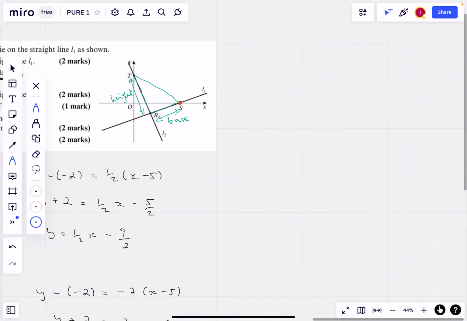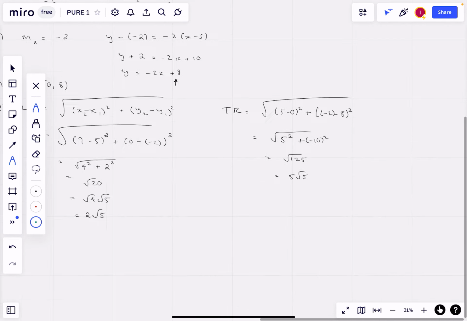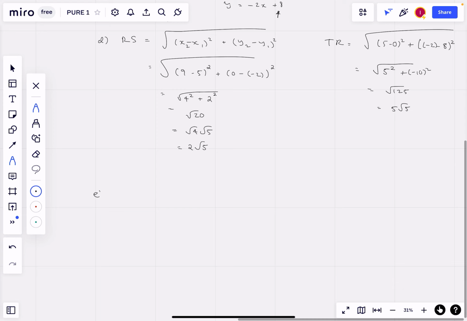And to work out the area, we do a half times the base times height. So a half times 2 root 5 times 5 root 5, which gives us 25. There we go, done. That's how you use the length formula, and that's how you can work out the area of a triangle using coordinates, using lengths and straight lines.